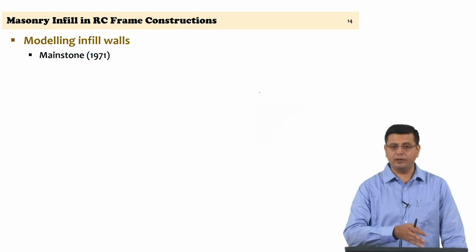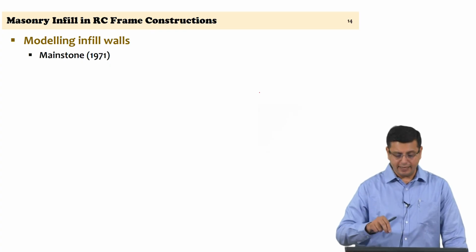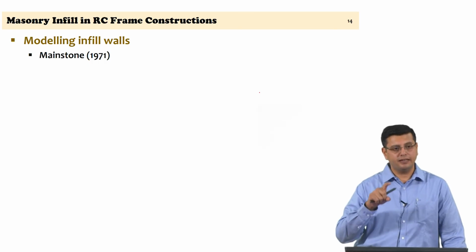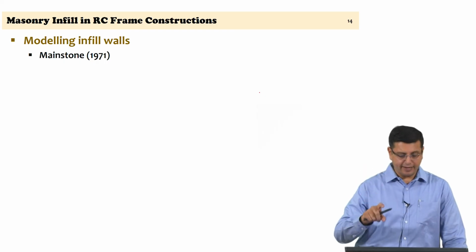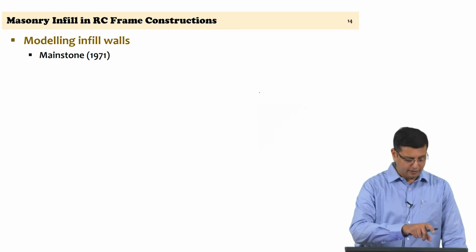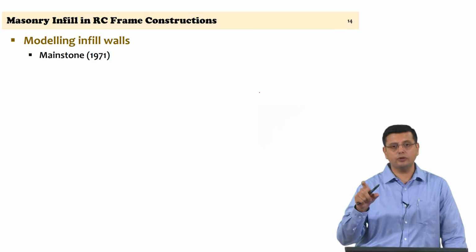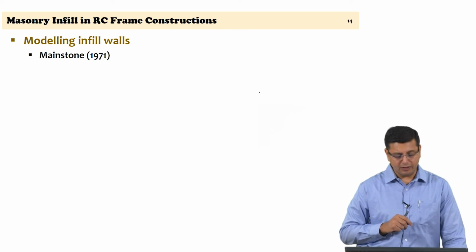The IS code, IS 1893 Part 1, 2016 version, gives one method by which an equivalent strut can be modeled in the frame modeling, and the calculation adopted to arrive at the width of the equivalent strut is based on the Mainstone formulation.